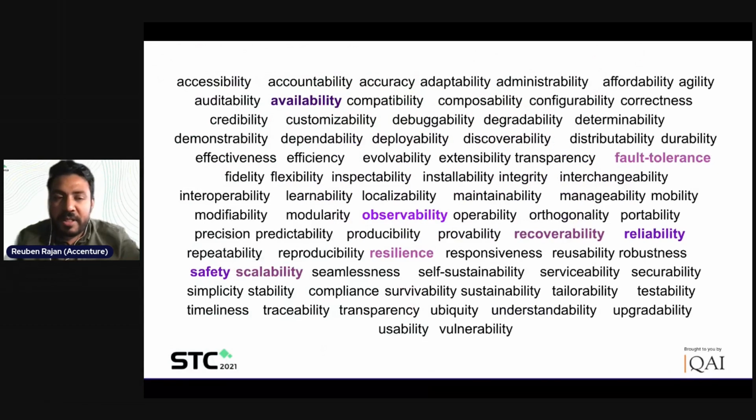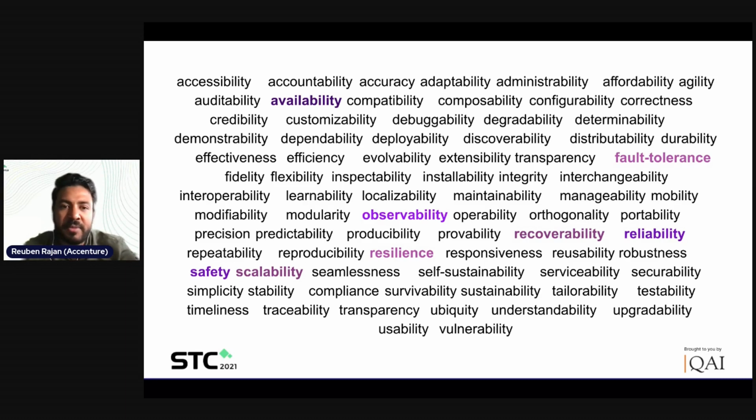Now, we are very familiar with system quality attributes, and what I put up there on the screen are a bunch of those attributes. You may be familiar with a few of them, but with respect to keeping a system up and running for a duration of time, some of these become very important.